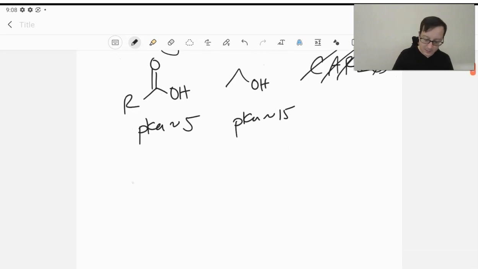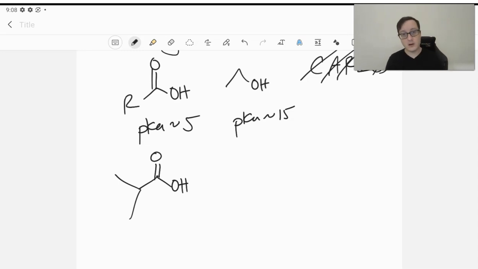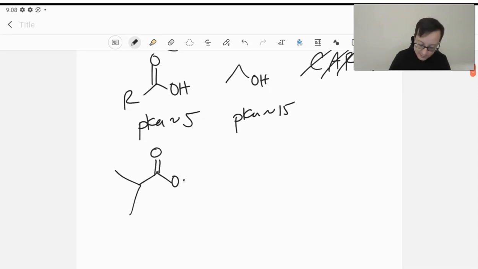We see, for example, that if we have carboxylic acids with more carbon-based groups, remember carbon-based groups are electron donating, as the carboxylic acid loses its proton, it forms the carboxylate, which resonates back and forth, right?